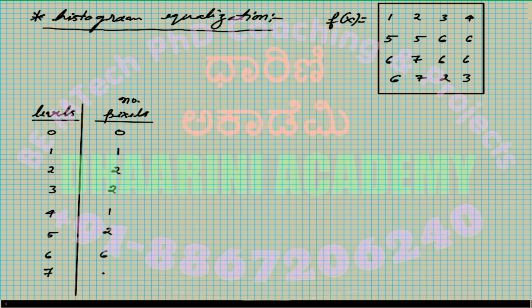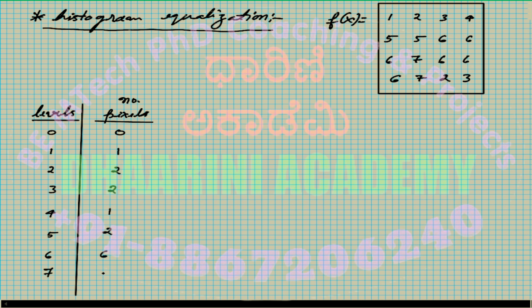Right, once this is done, in the next step I will create what is called the PDF, the probability of occurrence of the pixel. So I'll just write the PDF. In order to get the PDF, the number of pixels divided by the total size of the image is what I need to consider.